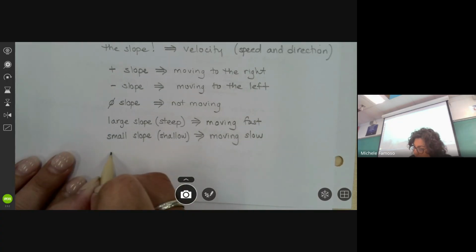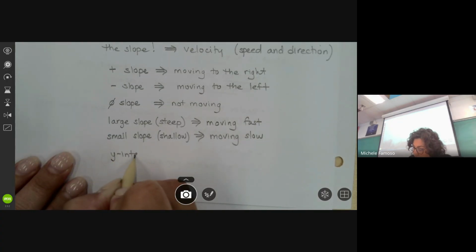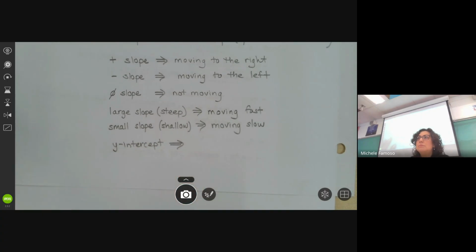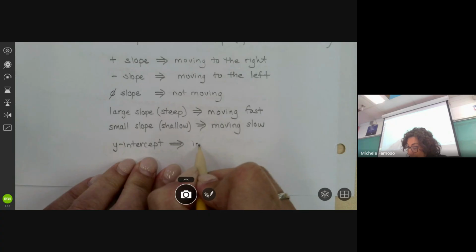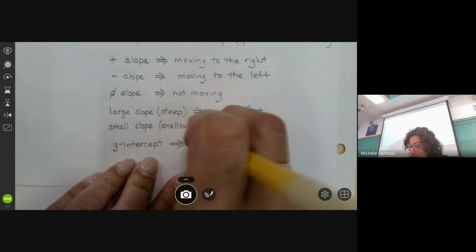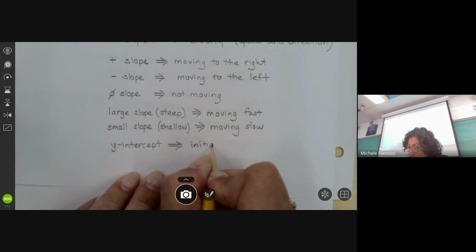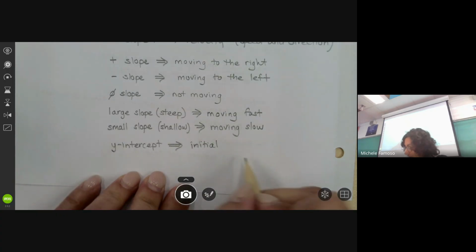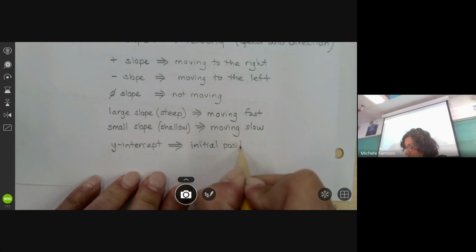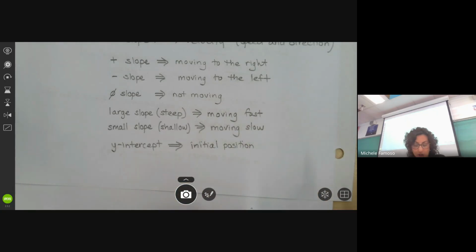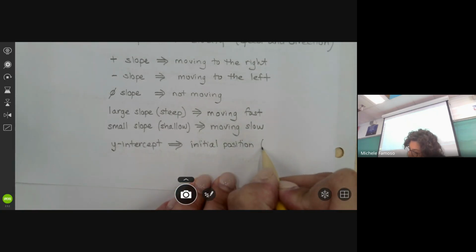One last thing. What does the y-intercept tell you? It's on a position time graph, so that would be the initial what? Position, that's right, because it's the y-coordinate, which is a position, the initial position, which is your starting point.